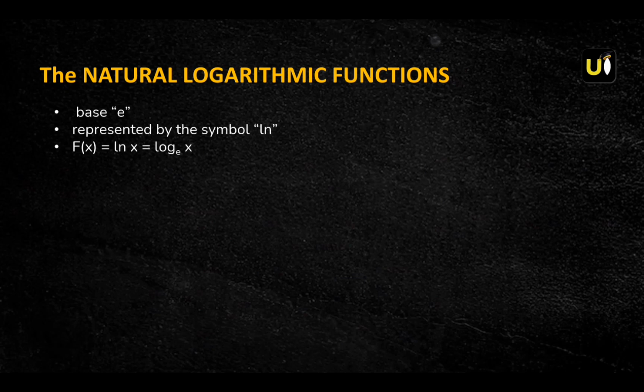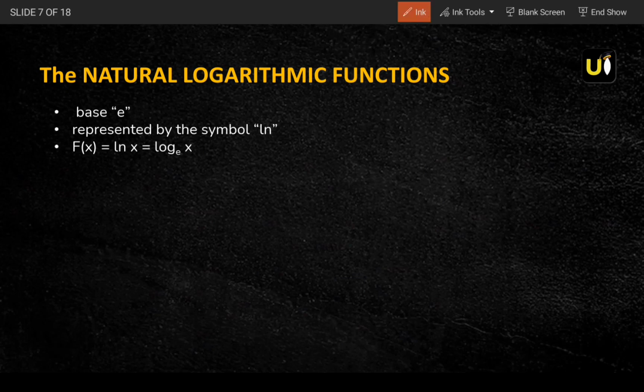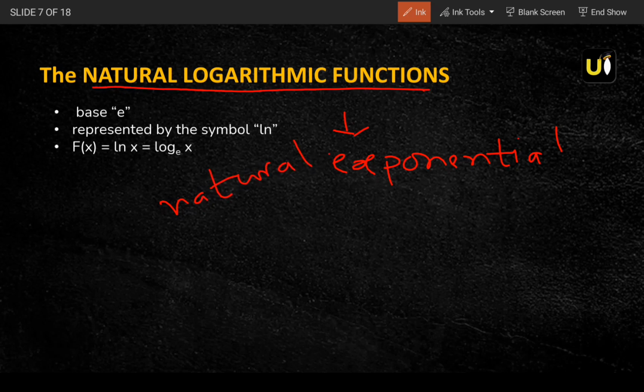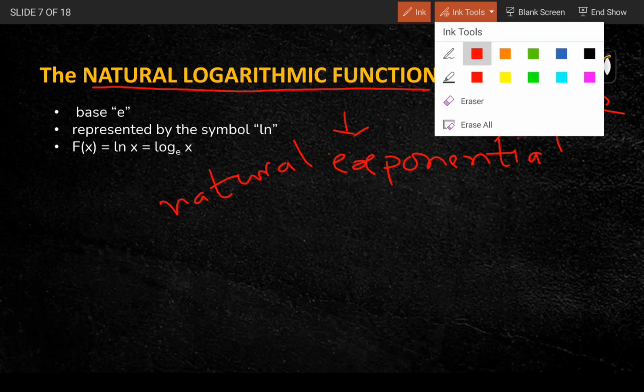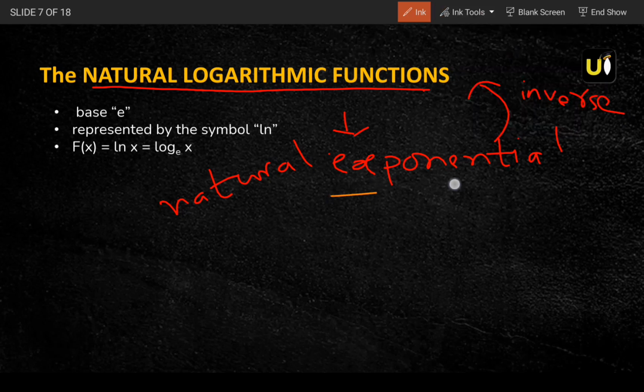Next, the natural logarithmic function. In the previous week we have seen the natural exponential function. Now this natural logarithmic function is the inverse of the natural exponential function. We have discussed before that in the natural exponential function the base is e.